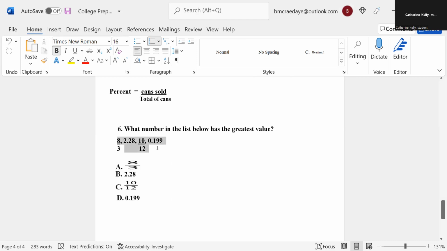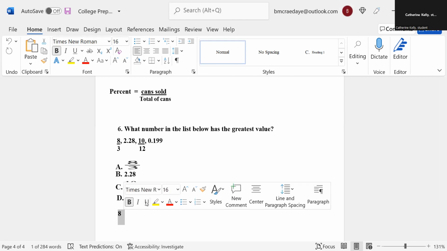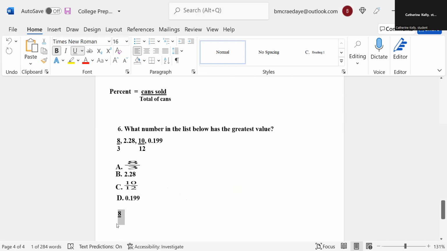So let's check. The first one is 8 over 3. Okay, 8 over 3 would be what? 0.83? No. That's a fraction, so you convert that to a mixed fraction. What would 8 over 3 be as a mixed fraction?